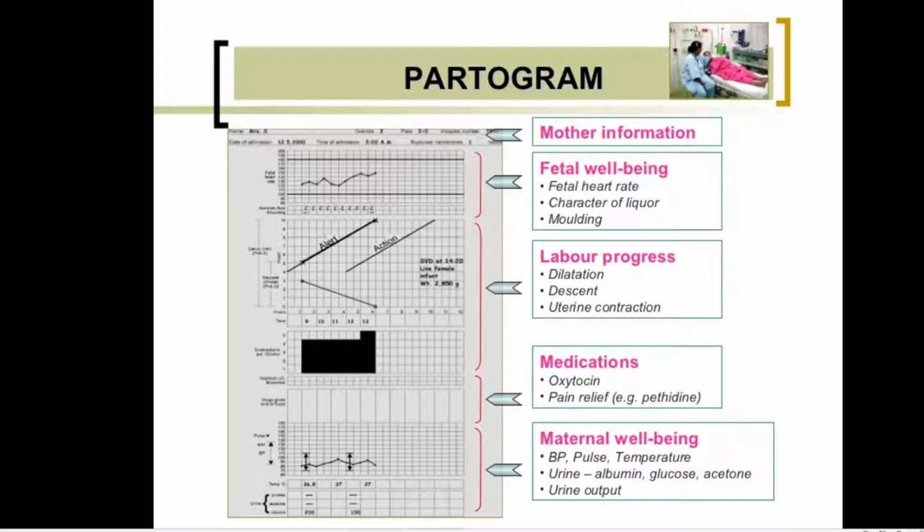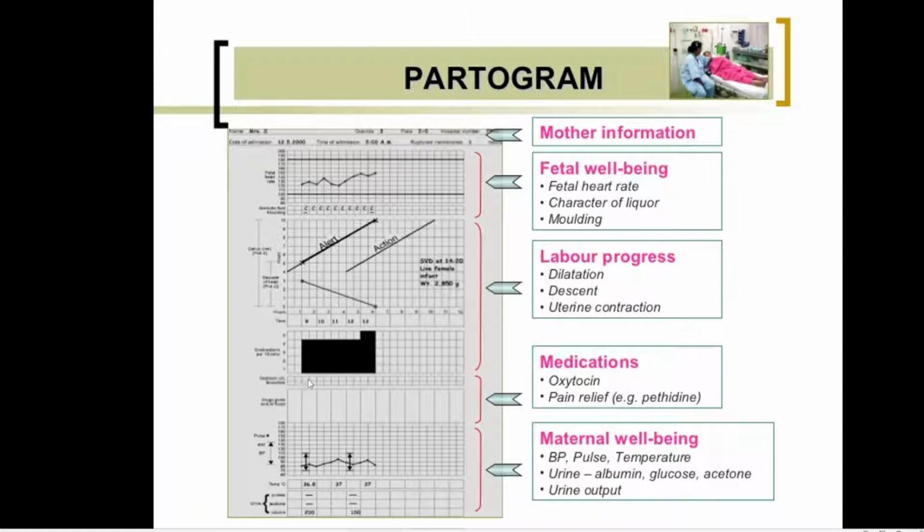In this part of the partogram, we have information about different medication. At these two lines, if necessary, we use labor stimulation with oxytocin.